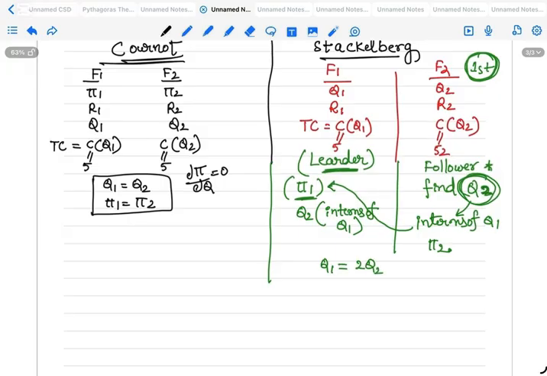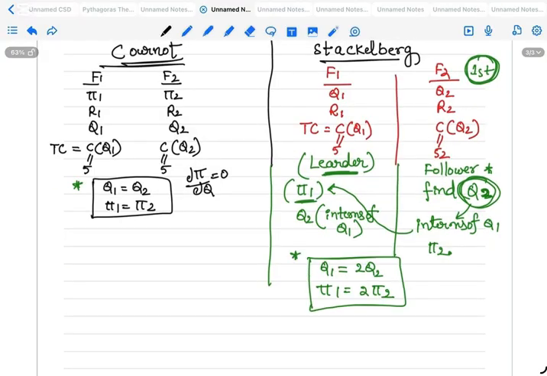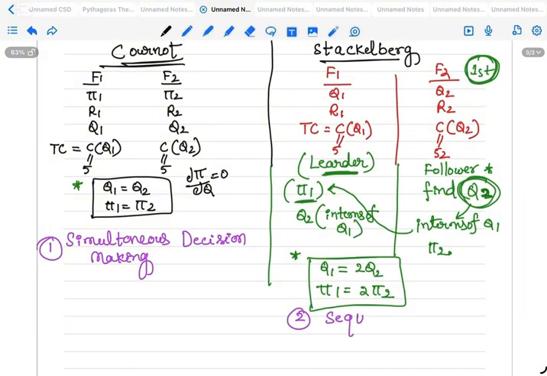In that particular question, Cournot is simultaneous decision making, and here in Stackelberg it is sequential decision making.